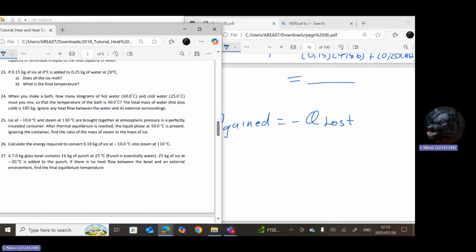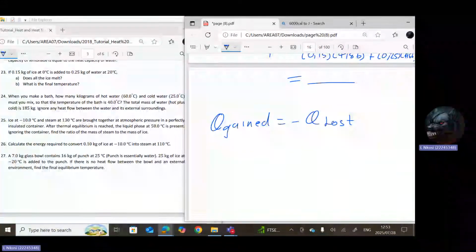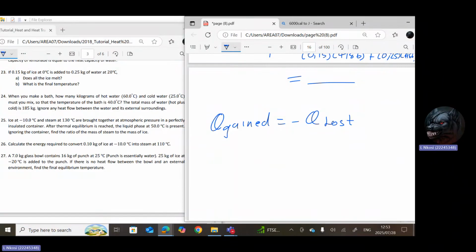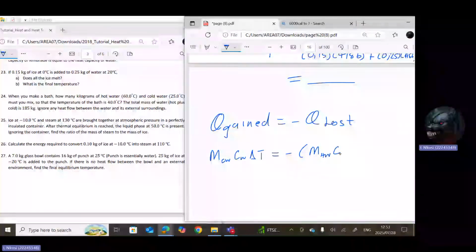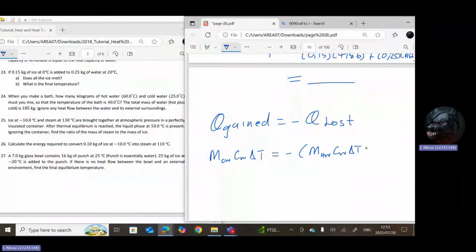The cold water will gain the heat. So mass of the cold water, C of water, change in T is equal to mass of the hot water, C of water, change in T. Water, whether hot or cold, has a C of 1.